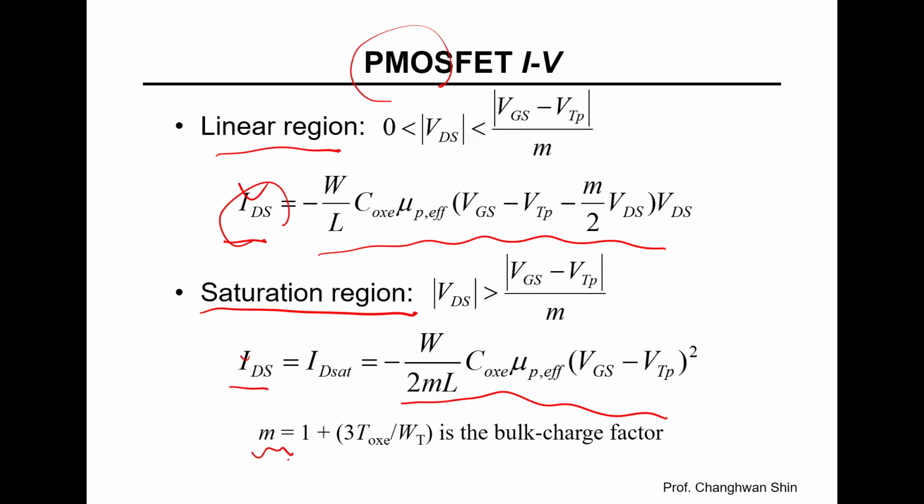One significant difference of PMOSFET from NMOSFET is that the hole effective mobility, mu P, is typically 2 or 3 times lower than the electron effective mobility.